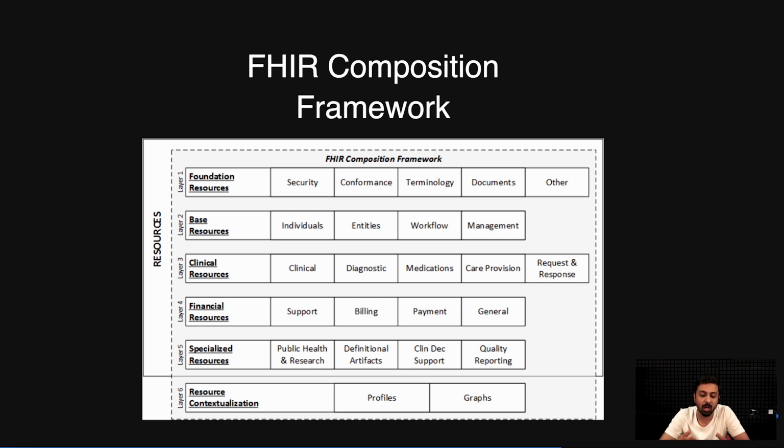So you can see how efficiently FHIR has divided the data across different layers, across different categories, so that if you need the clinical document, you go to the clinical resources and make the API call and get the data. So the composition framework plays a major role in FHIR, and in this way there's a clean separation of concerns plus separation of data.